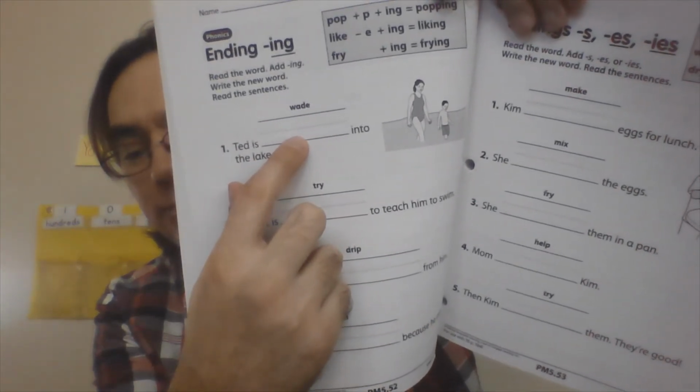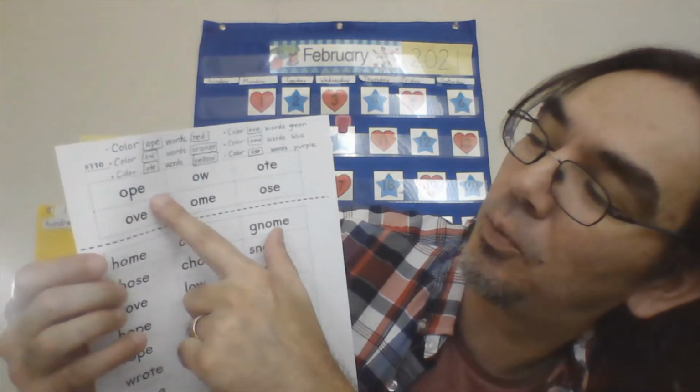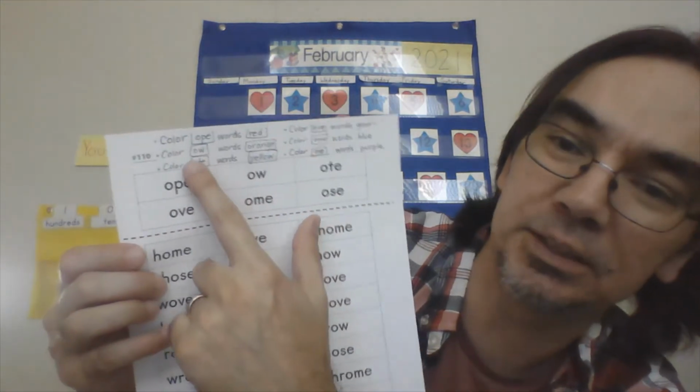Very good. Now we're also going to do in our spelling word packet page number 3. Got it. So we're going to color different words depending on which one of these letter combinations it has.